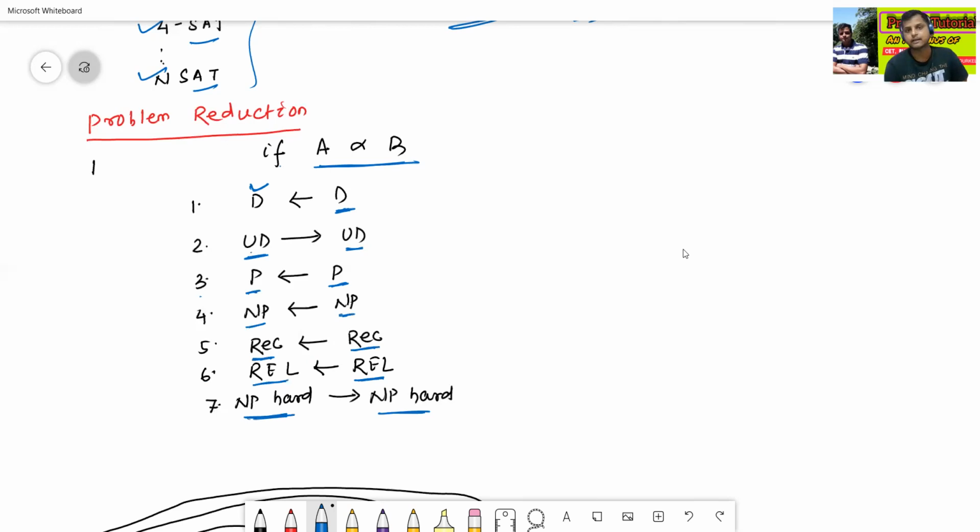Okay, these are all about the problem reductions. We need to identify which part is A and which part is B. In this case, if B is decidable, then A is decidable. But in this case, if A is undecidable, then B is undecidable. So in this way, we can find all problem reductions.